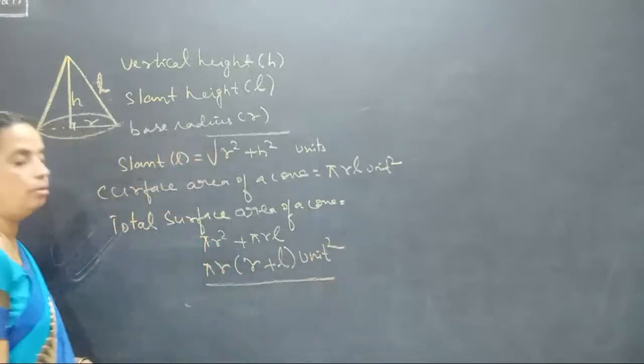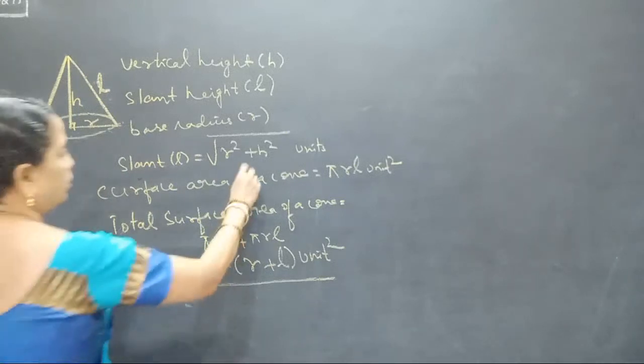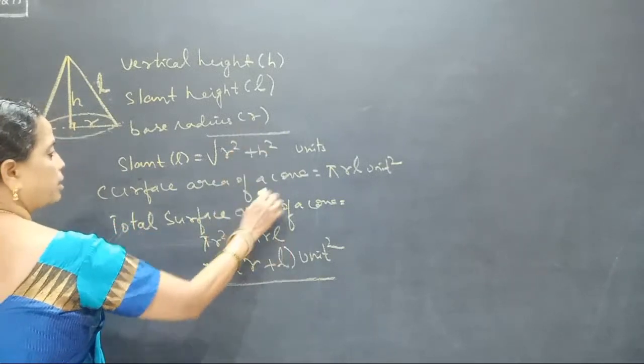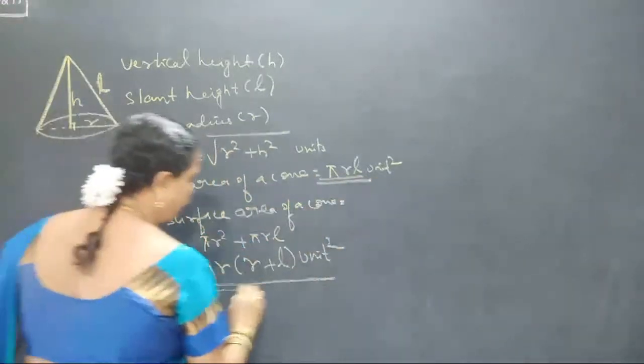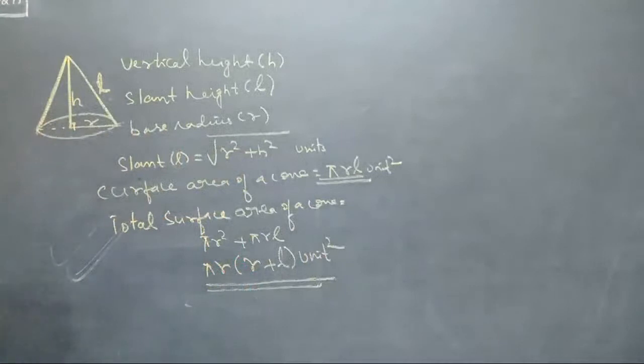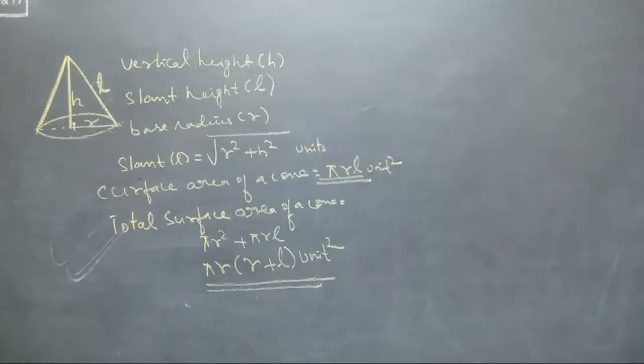Pi r into r plus l. This is total surface area. This is curved surface area. Underline the formula along with the figure. Write each part of the conical part, the solid cone.